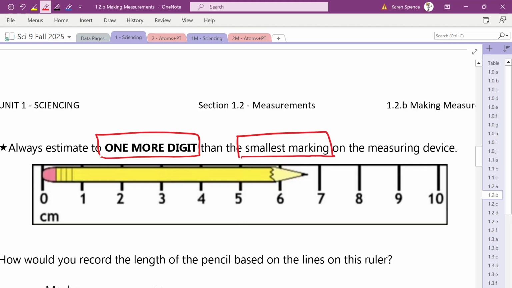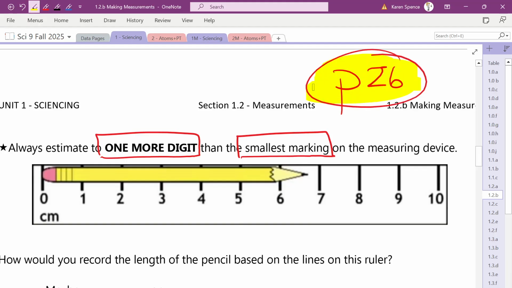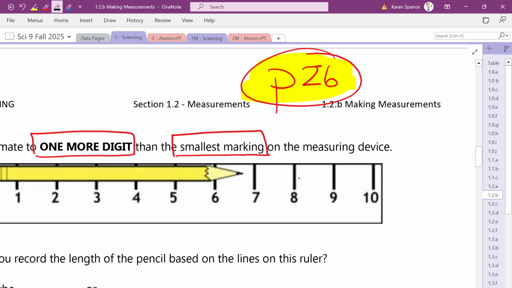So that's on our next page, page 26. So what is the smallest marking on this ruler here? And by smallest marking, I mean, what is the distance between the smallest of the 2 lines? What is that distance? We're going from 8 centimeters to 9 centimeters. What's that distance?